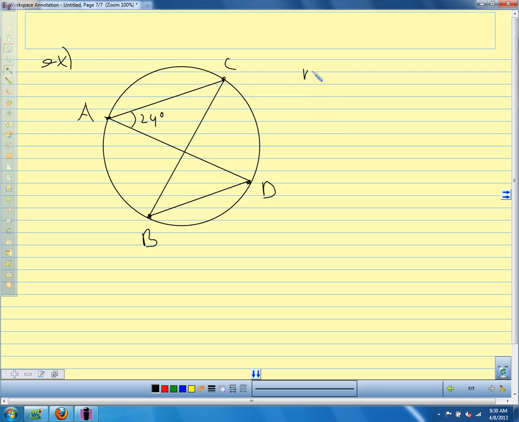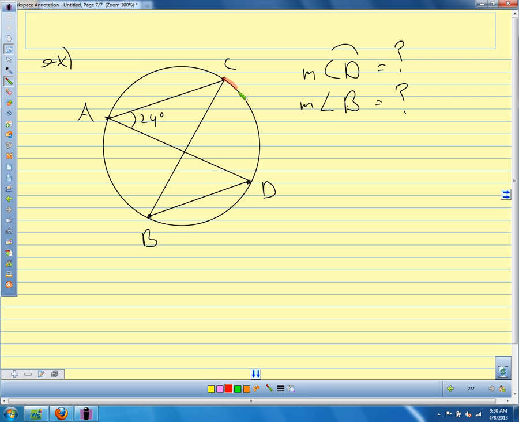We want to find the measure of arc CD and the measure of angle CBD. I'll call it angle B. I'll highlight it in red. We want to find the measure of that arc, and we want to find the measure of that angle.